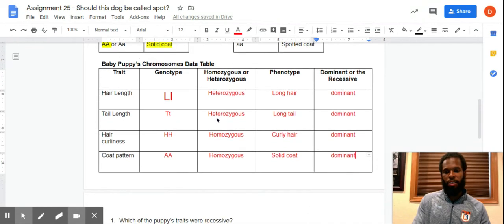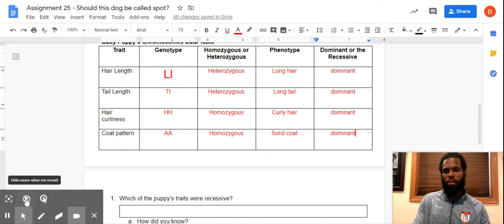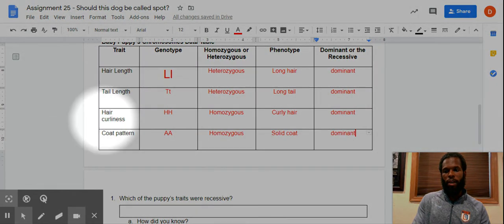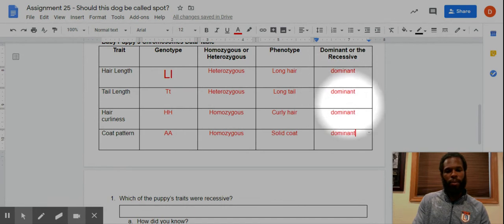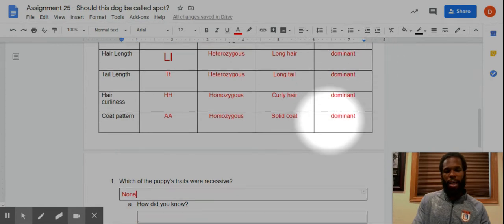All right, questions below. Which of the puppy's traits were recessive? I look at my table up here. For any of these traits, recessive? None. None of them were recessive. And how do we know that?